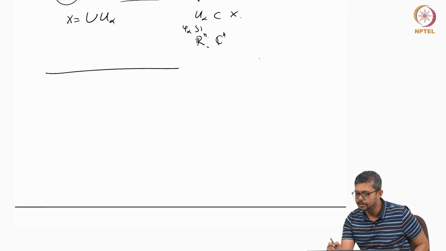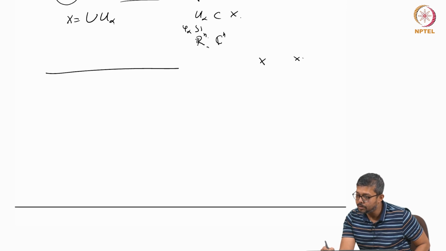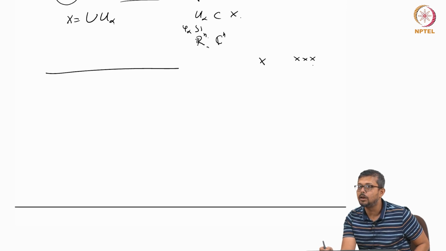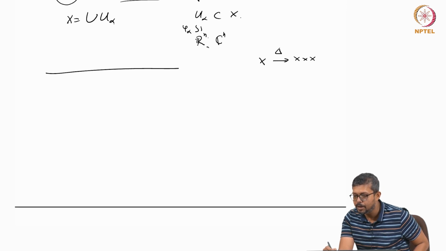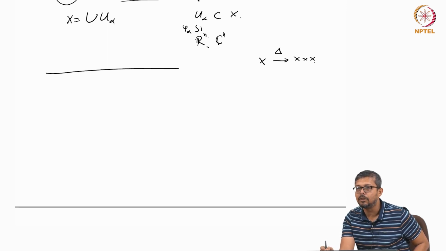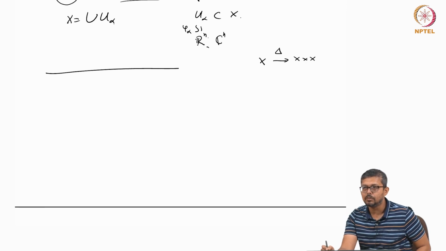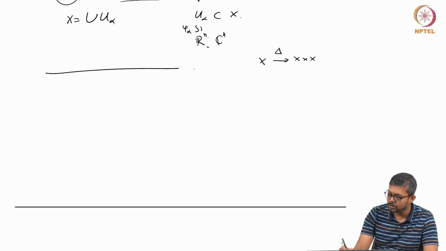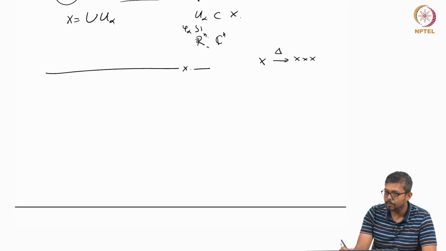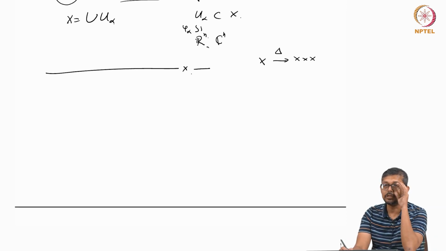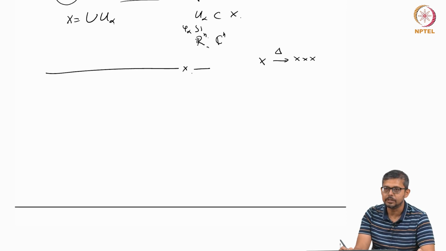If you take X, there is something called X cross X, the product of varieties. If the image of the diagonal map is closed, then you say it's separated. Those things will come in proper time.